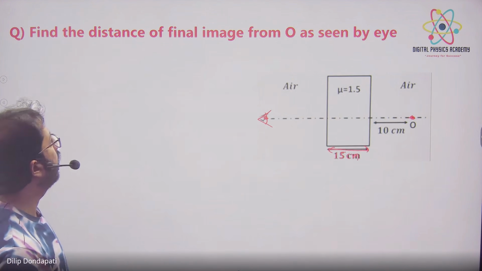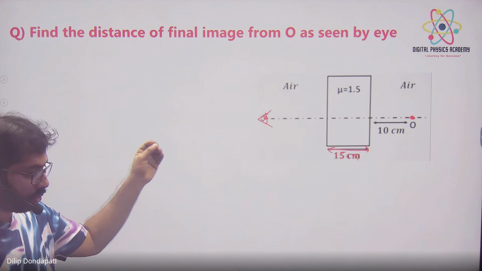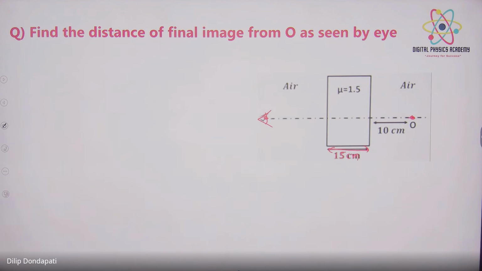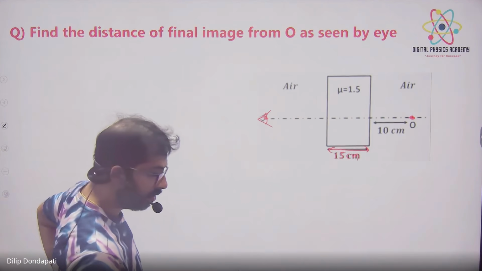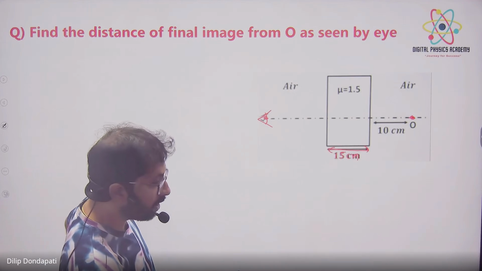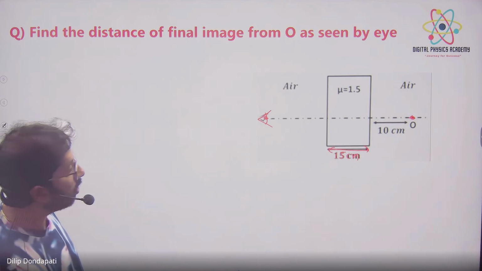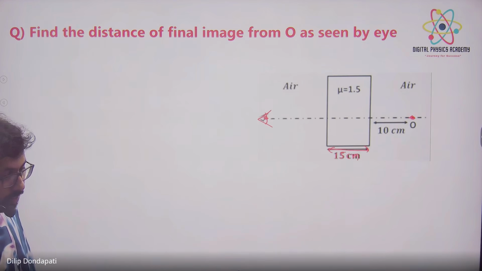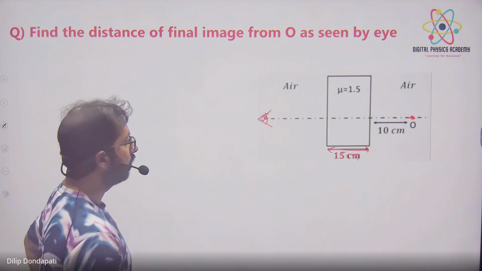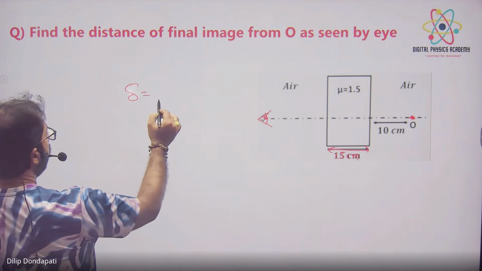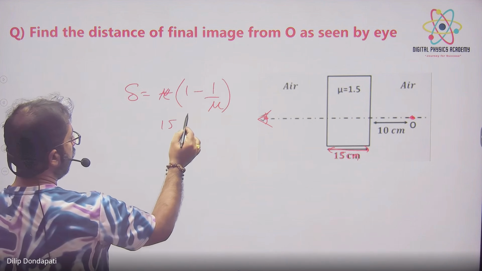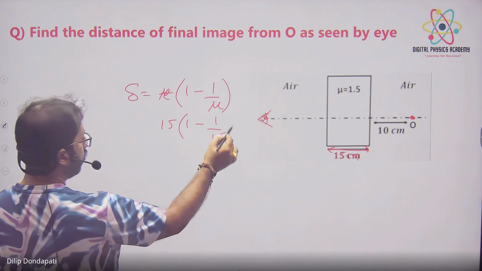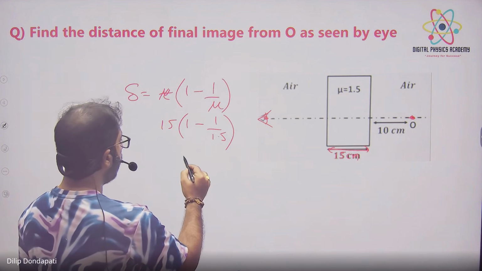Find the final image of O when seen through the slab, which indirectly means find the shift. Plus 5, so it shifts towards the left. The shift formula is T into 1 minus 1 by mu. Thickness is 15 into 1 minus 1 by 1.5, so you get plus 5 centimeters.